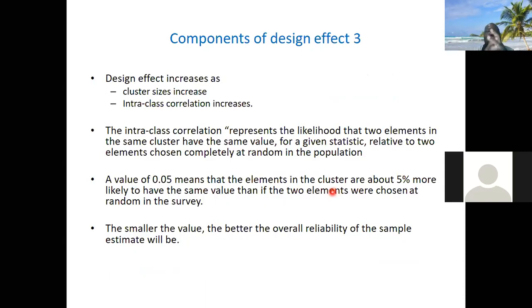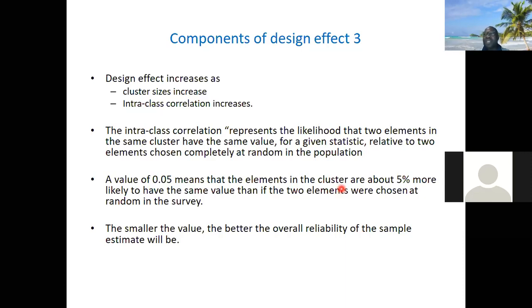Design effect, you can see now, increases as the cluster size increases, or as intra-class correlation increases. So those two things determine the design effect. The more the cluster size, the more the design effect. The more the people that give you similar things, you are not getting new information.